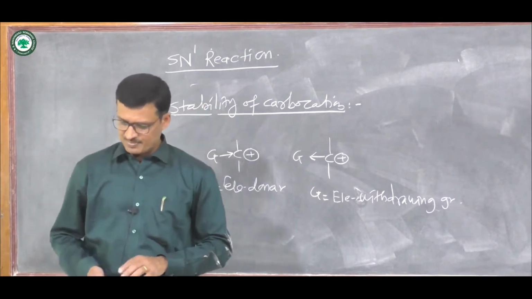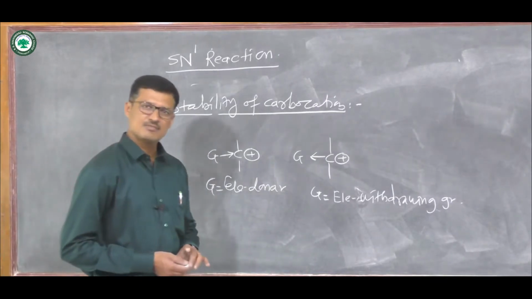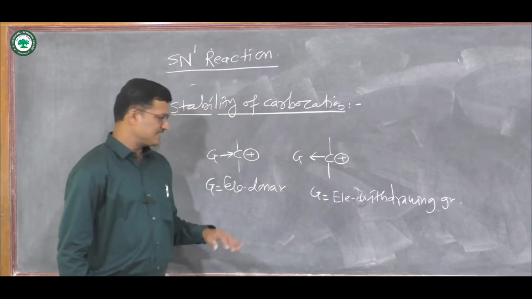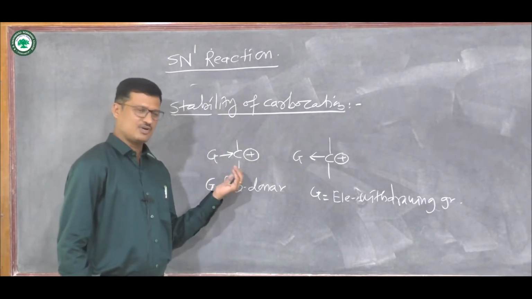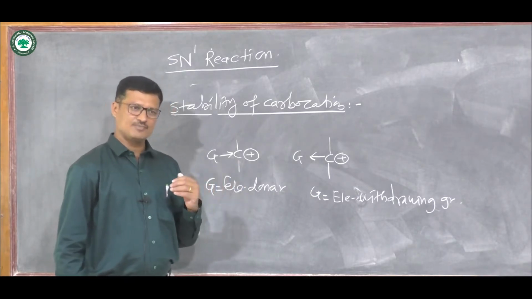So in this way, we remember, when electron donating groups are attached to the carbocation, its stability increases, either by the electron donating inductive effect or the electron donating resonance effect.